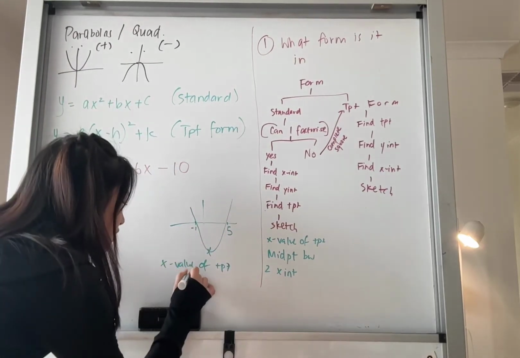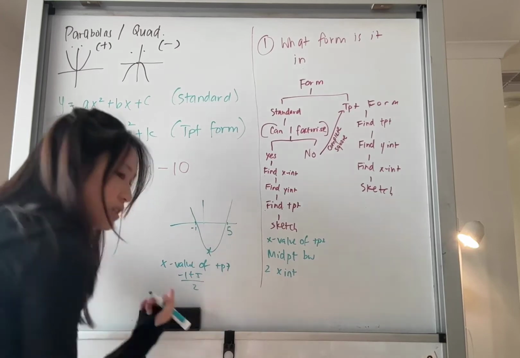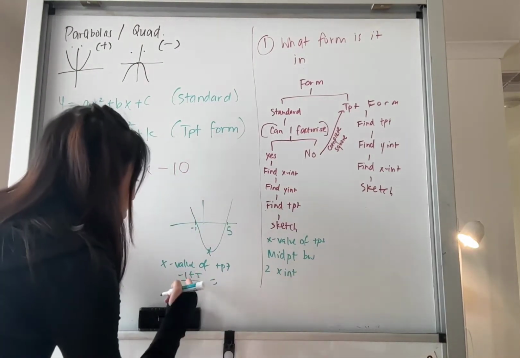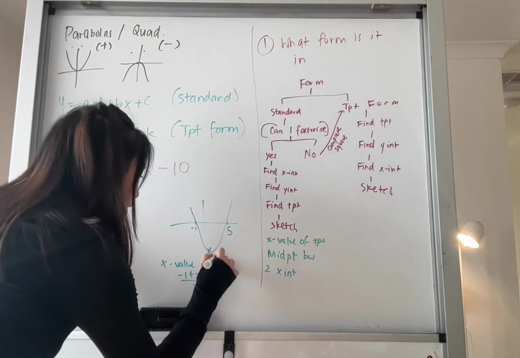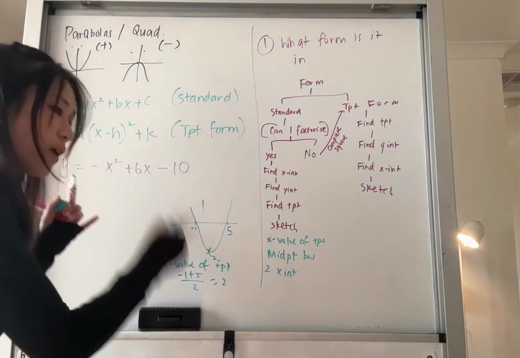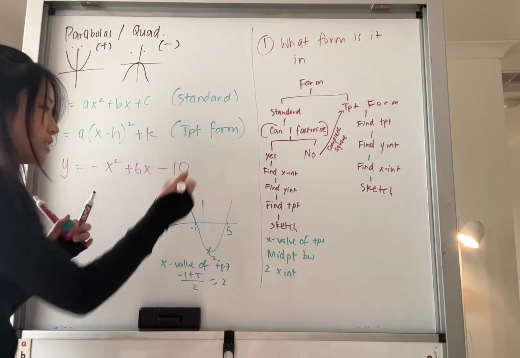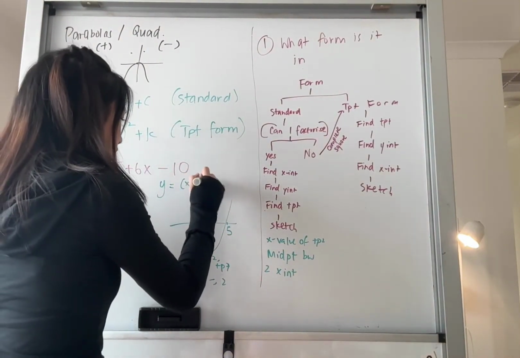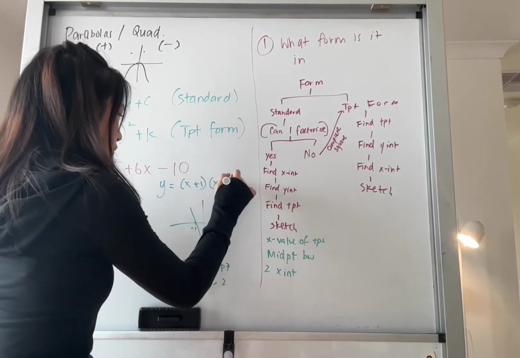So all you have to do is -1 plus 5 divided by 2. This is your midpoint formula. Just think about the middle number between these two, which is just 2. So I know that at this point the x value is 2. And to find the y value, to find the height, you have to sub it back into the function. So say the function was something like this, x plus 1 times x minus 5.